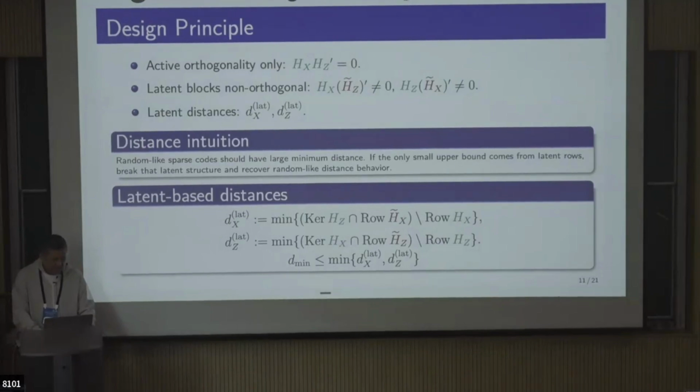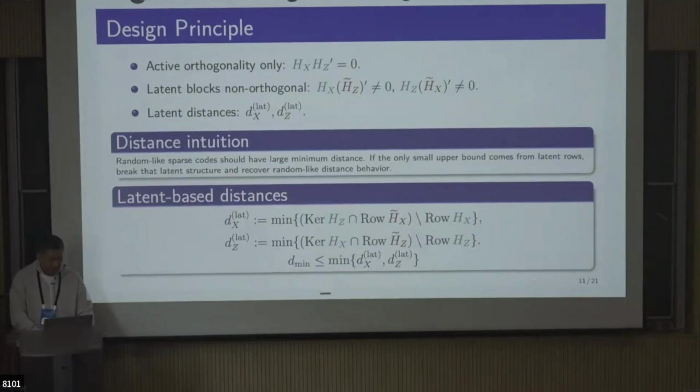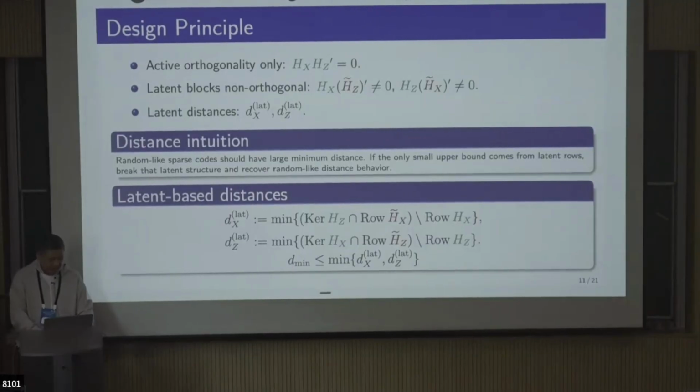The design principle is active orthogonality only. We require orthogonality between the active HX checks and active HZ checks, because that's exactly what CSS needs. But we don't want full parent orthogonality. The latent rows should not automatically pass all active checks.